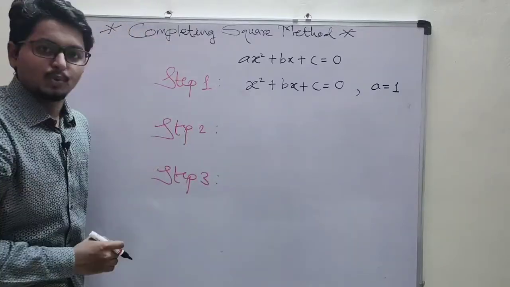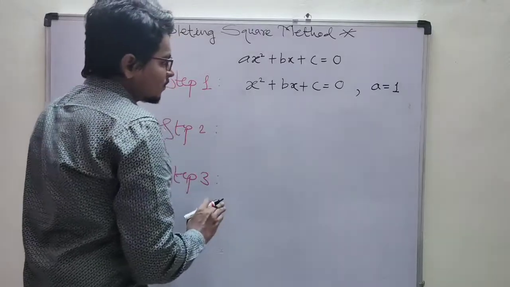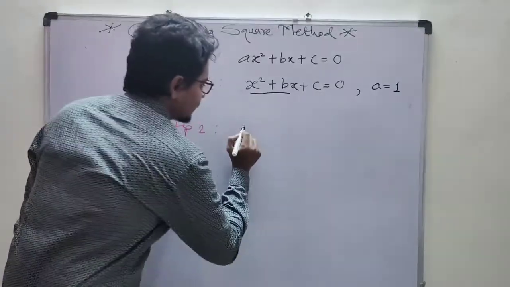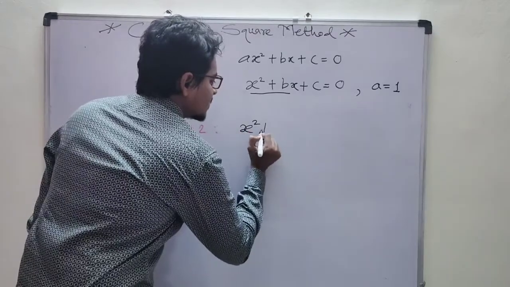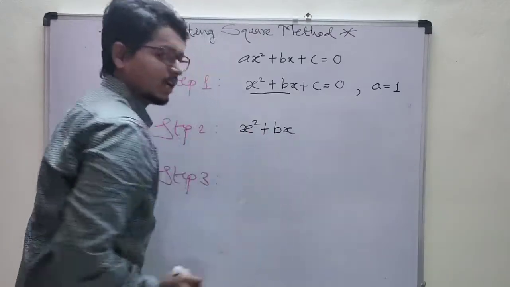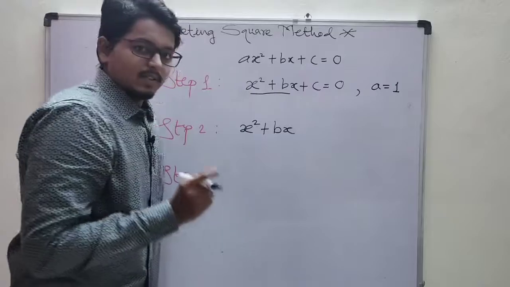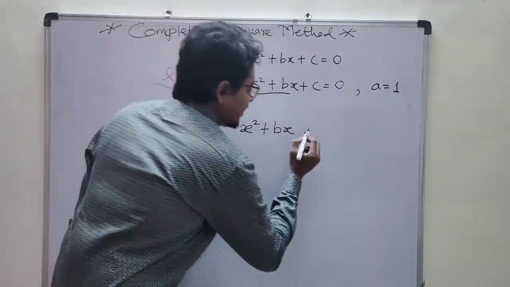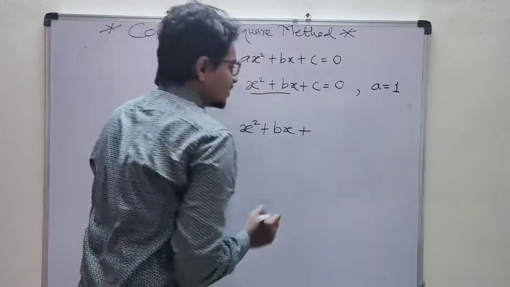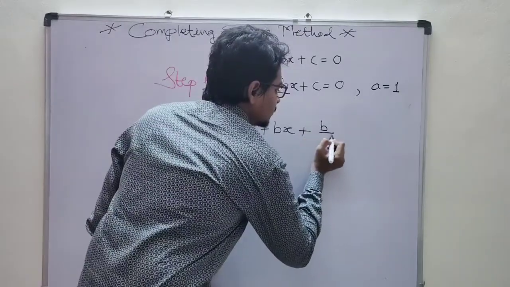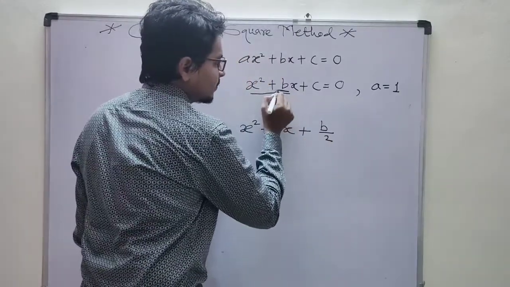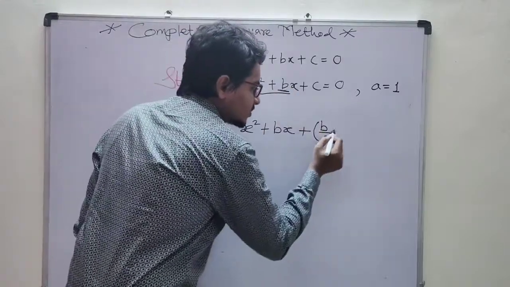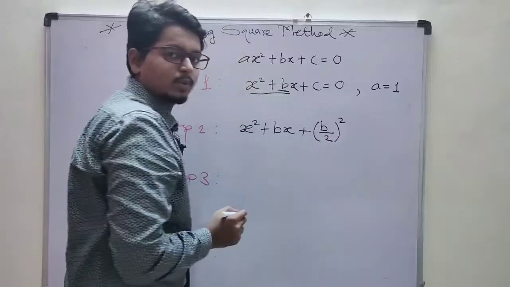Now in step 2, first of all, you have to write these two terms as they are: x square plus bx. Then some new thing is here. I will write it here first: plus b upon 2, where b is the middle term. I am dividing it by 2 and taking its square, b upon 2 square.